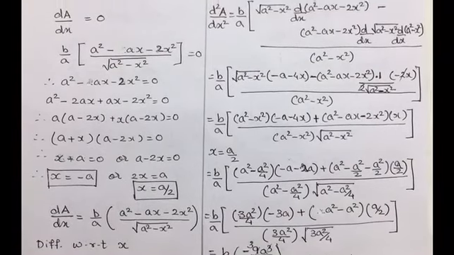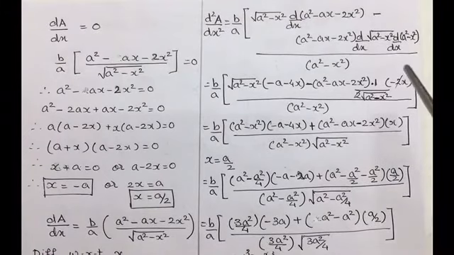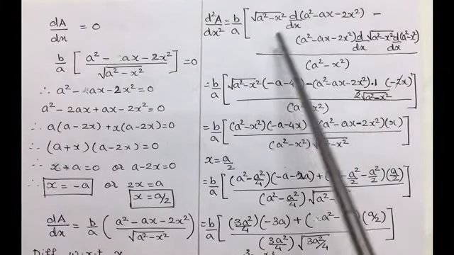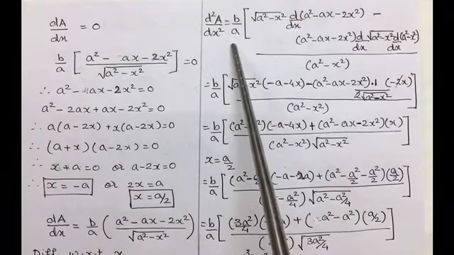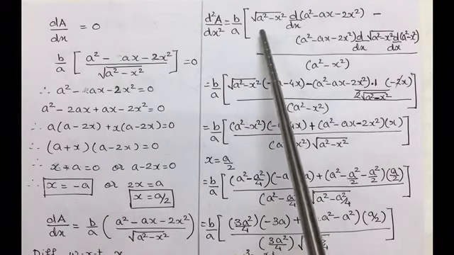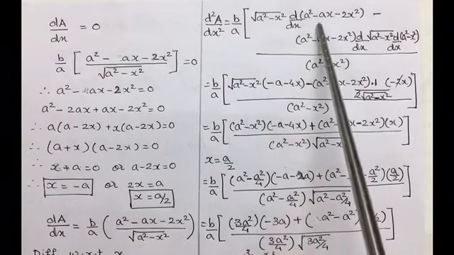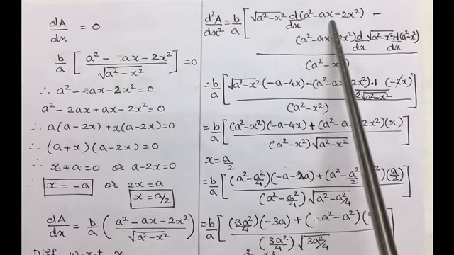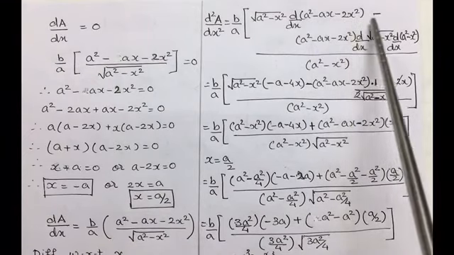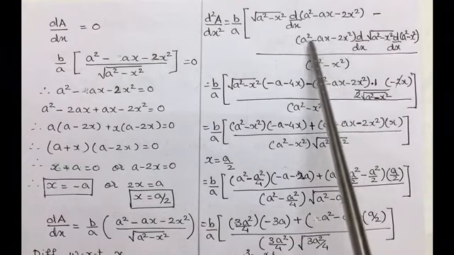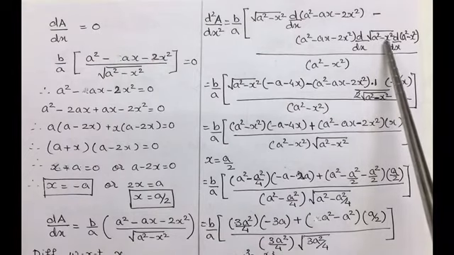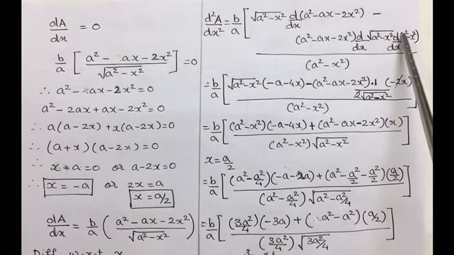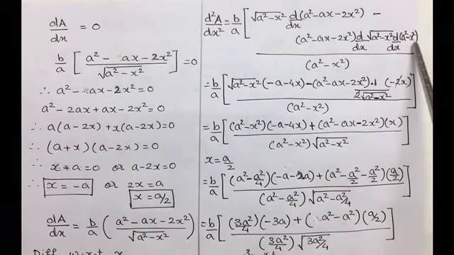So for that we need to make use of the division rule. Using the division rule, b by a is constant which is kept out. Denominator is as it is, derivative of a square minus ax minus 2x square, minus numerator as it is, derivative of, so that is d by dx of root a square minus x square into d by dx of a square minus x square.